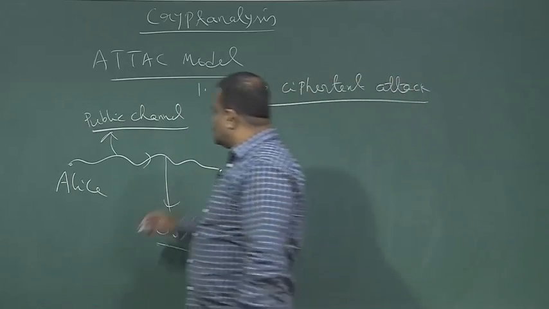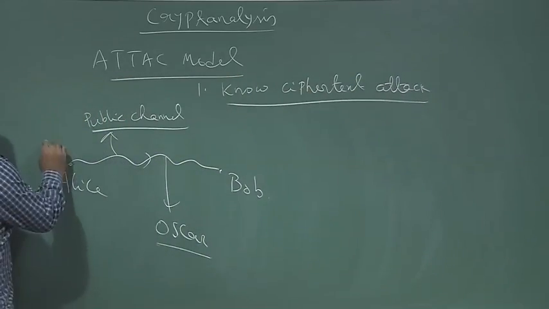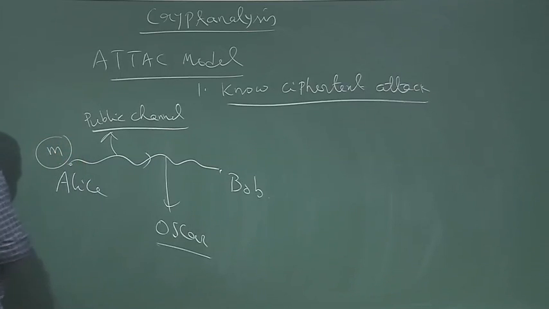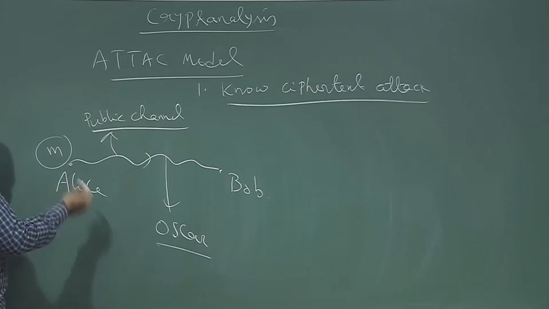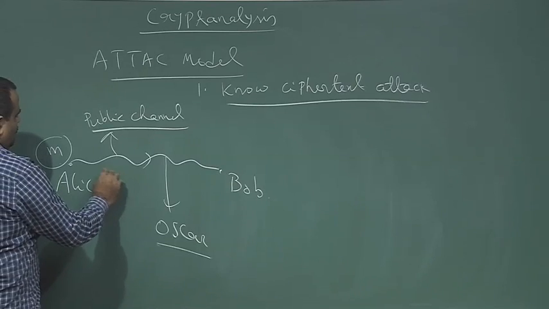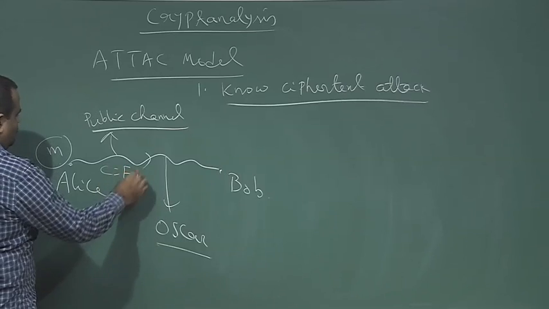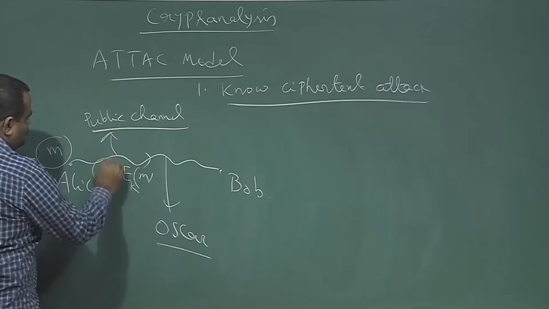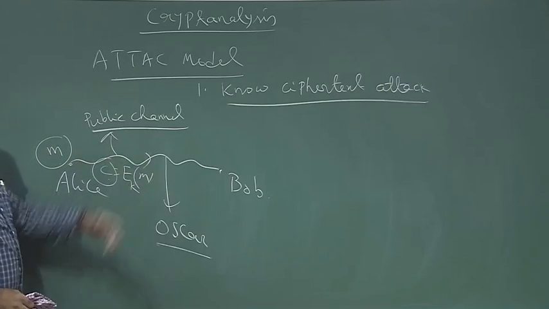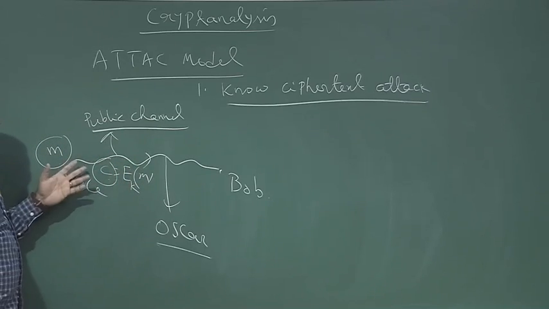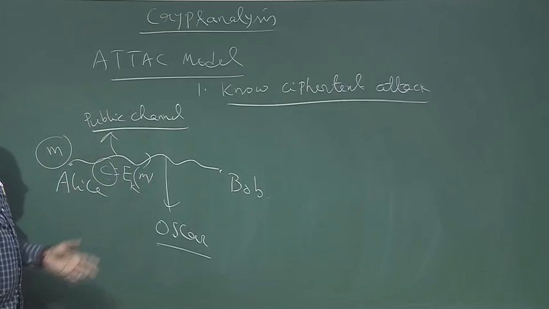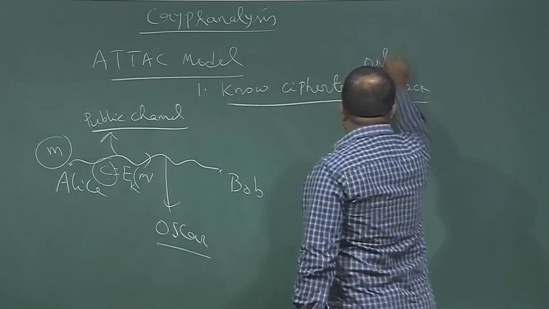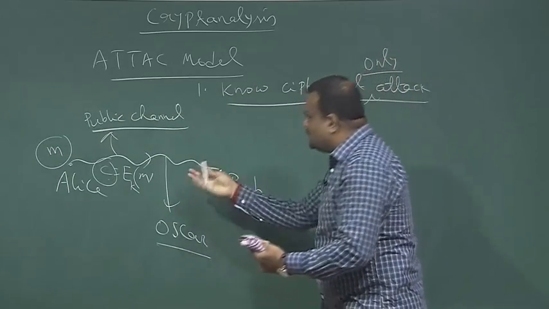So what is called ciphertext? The message Alice wants to send to Bob is called plain text or the message, and while it is encrypted, either by symmetric key encryption or by public key encryption, it is called ciphertext, and it is sent to Bob over the public channel. So this is called known ciphertext only attack. Oscar knows only the ciphertext.